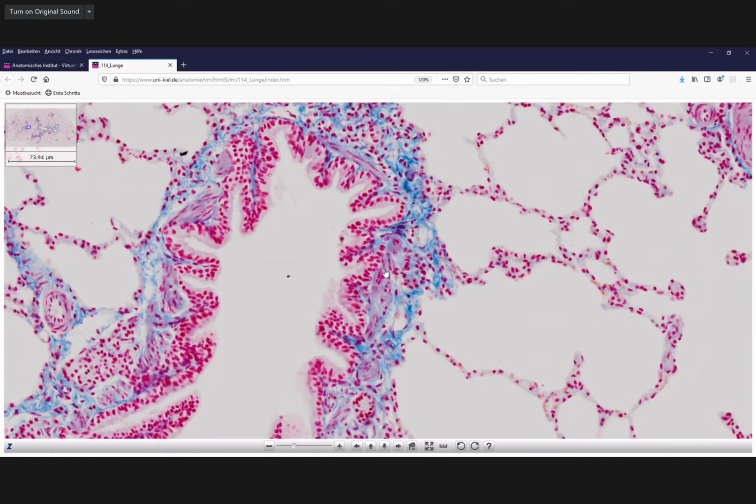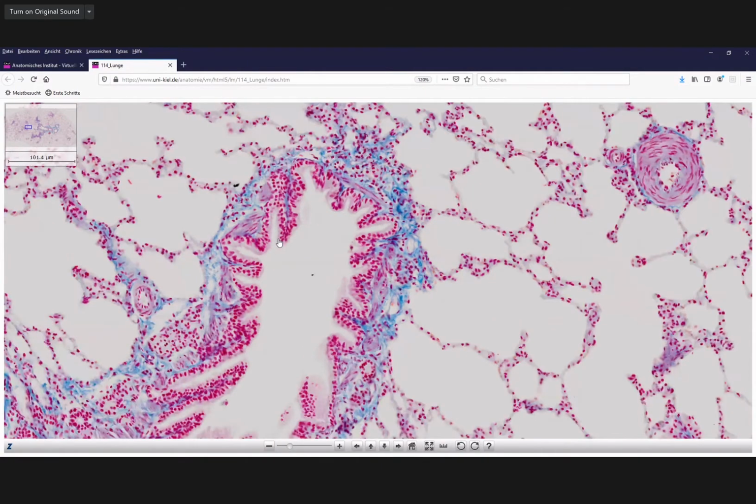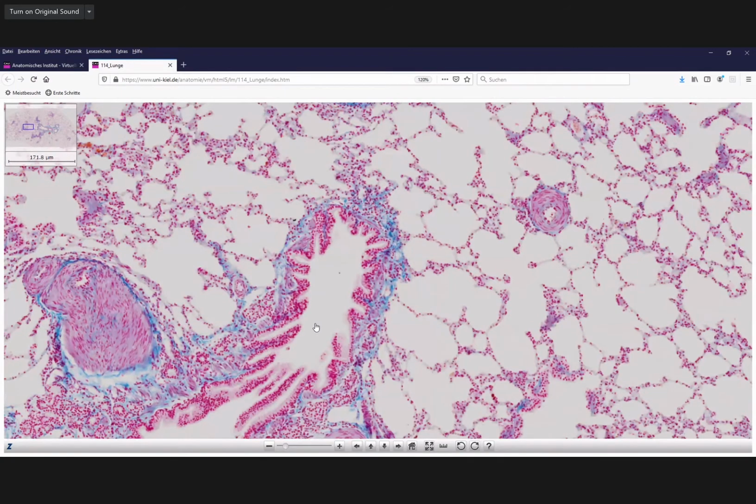It's innervated by the sympathetic nervous system, which triggers relaxation. So under stress, the bronchioles are also wider. So these are typical features of bronchioles.